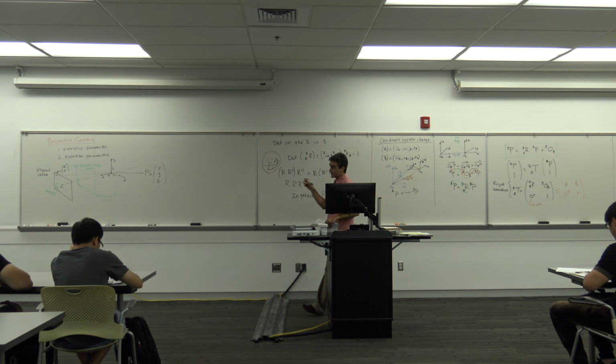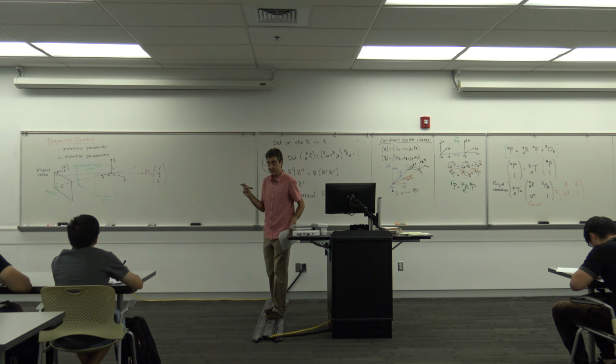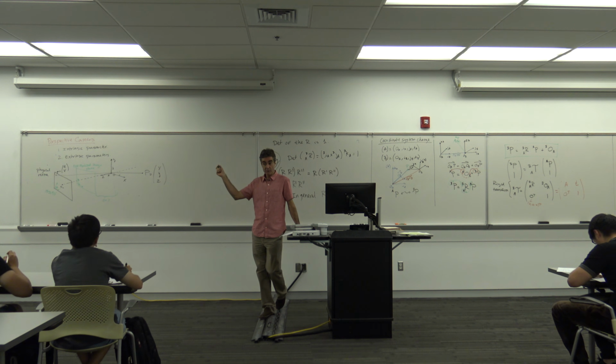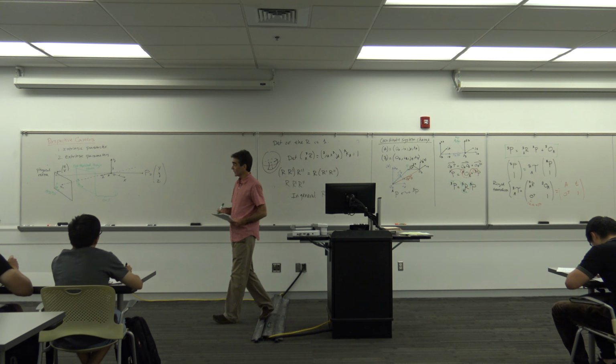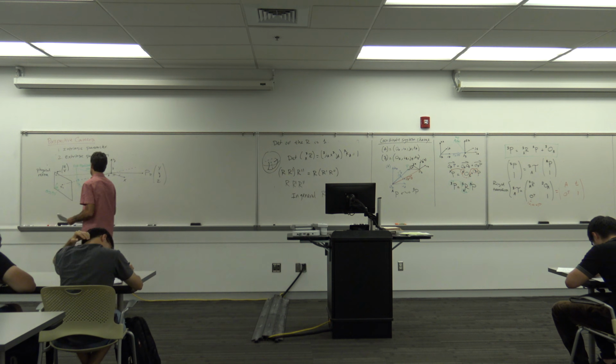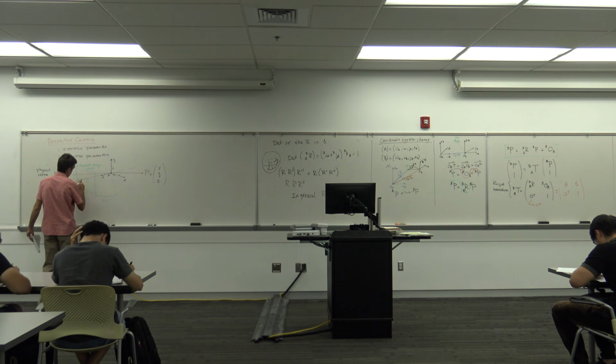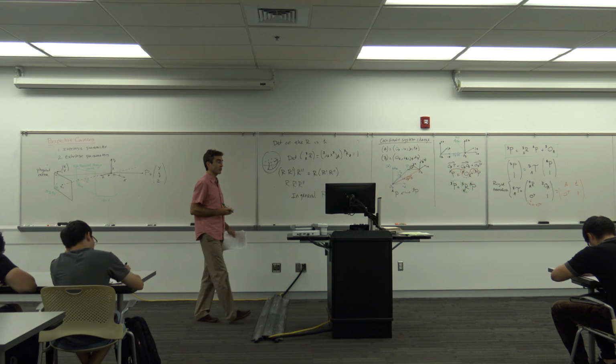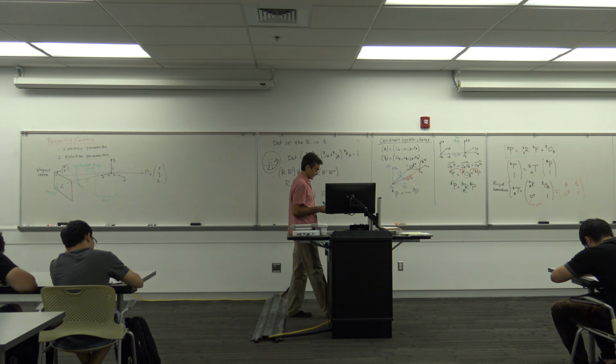Now, C0 at the center of the physical retina is the projection of the pinhole onto my image plane. And say C hat is the corresponding projection of the pinhole onto the normalized image plane.